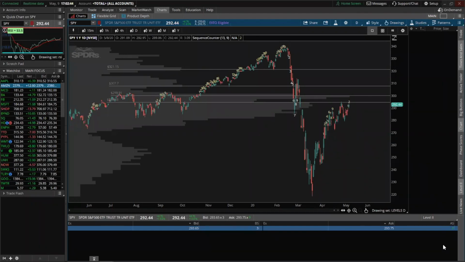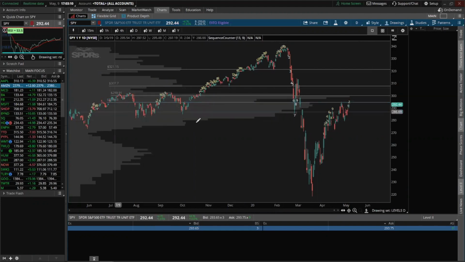So look at your time and sales, look at your level 2, see if they're getting a fill. You are going to see large orders into these levels. You're not going to see 5 shares of SPY got bought. You're going to see 250,000 shares, 1 million shares got bought. We've seen it over and over. So these levels are the most important levels.